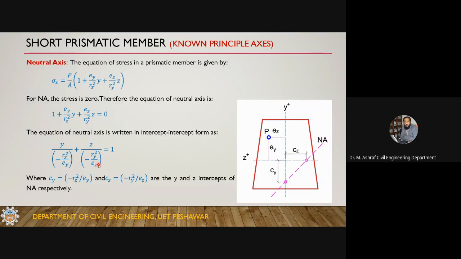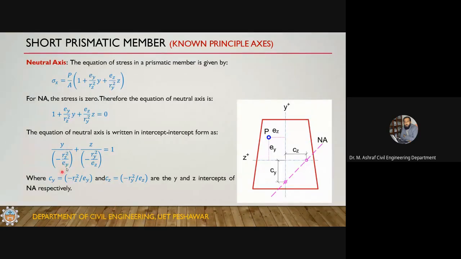So if the position of load is known to you, then you can plug in this value, and it will result in a number, a positive or a negative number. Let's replace it with Cy and this with Cz.